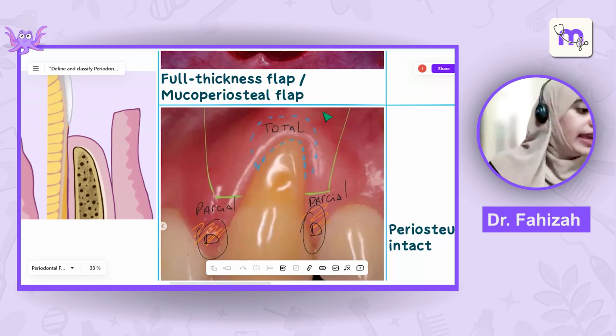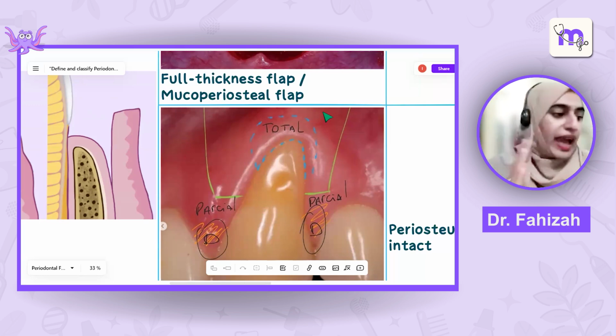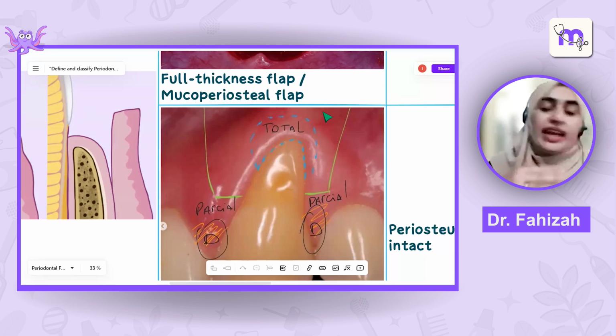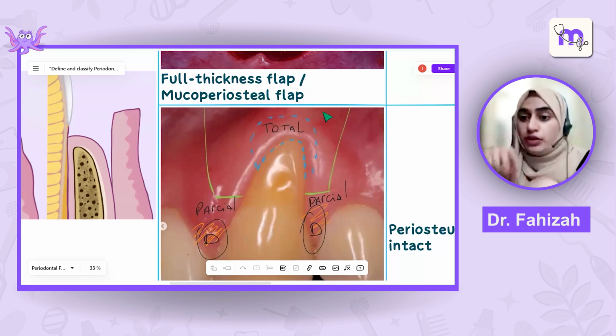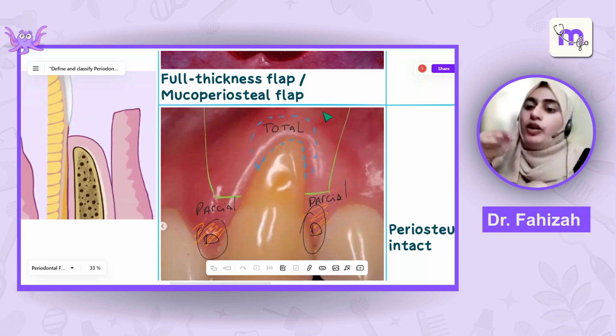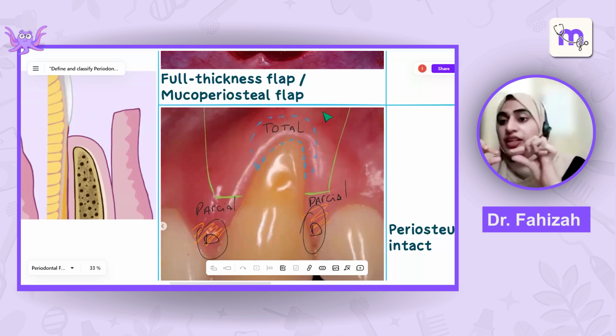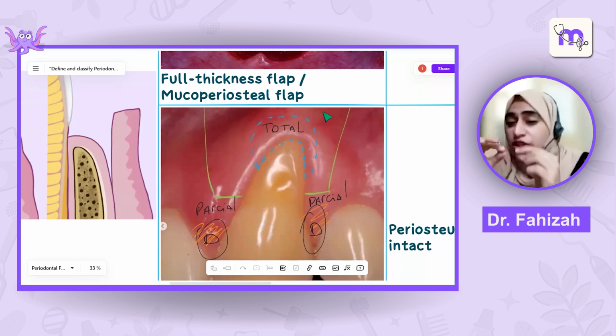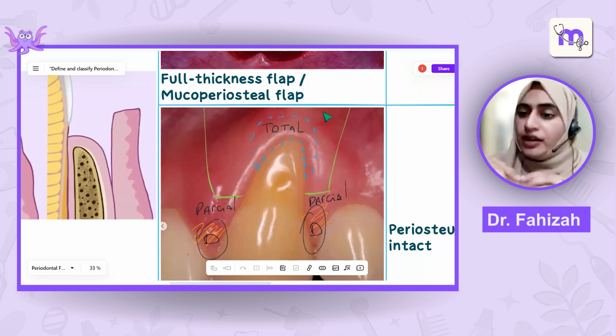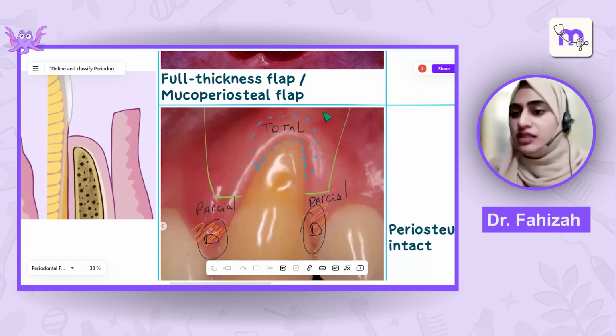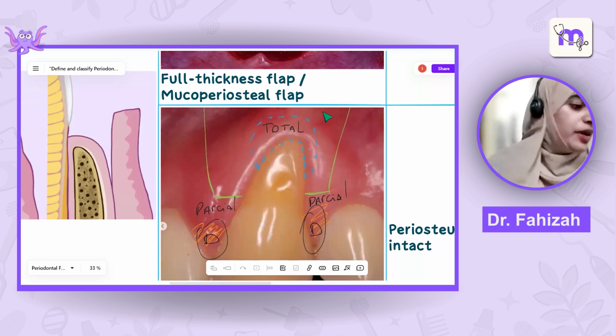Then, while raising the flap, care should be taken to prevent any lacerations or perforations. There should not be any hole or perforation in the flap. You should have enough thickness of the flap. That's what they mean. It should not be so thin that when you poke it, it immediately tears the tissue over there. So that has to be kept in mind.